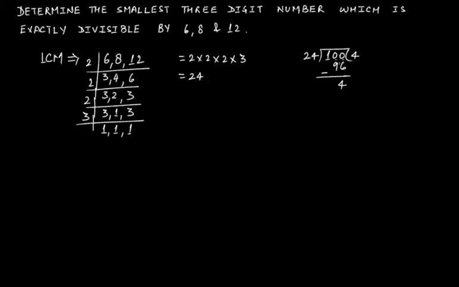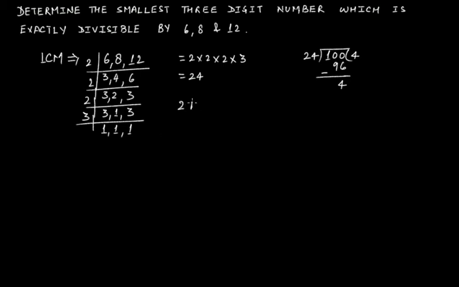Because 100 is the smallest three-digit number, and by dividing by 24, if there is some remainder, that means you can go one more time, because 96 is a two-digit number. If I multiply 24 times 5, you'll get 120.